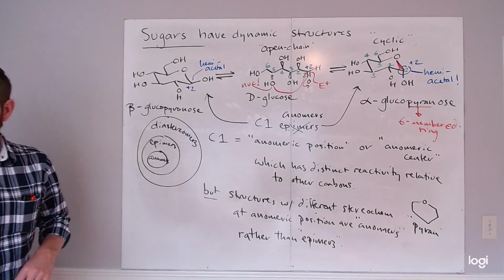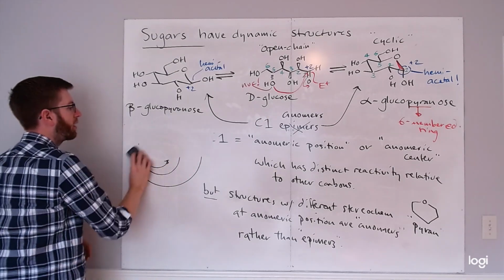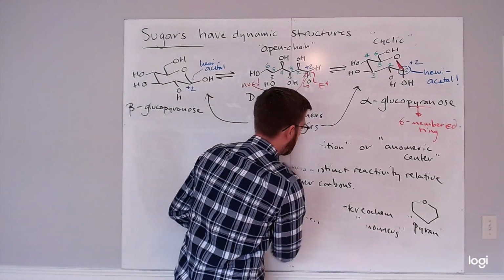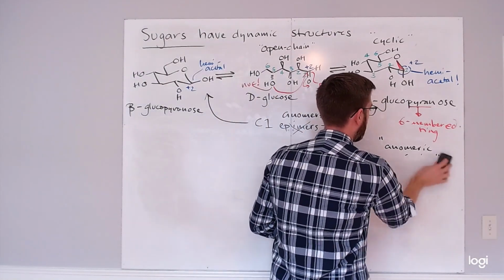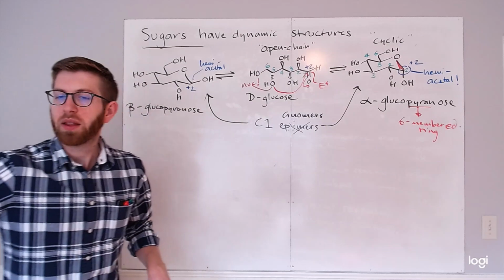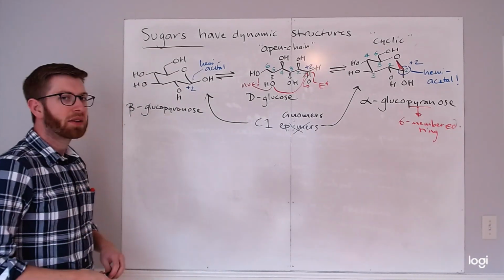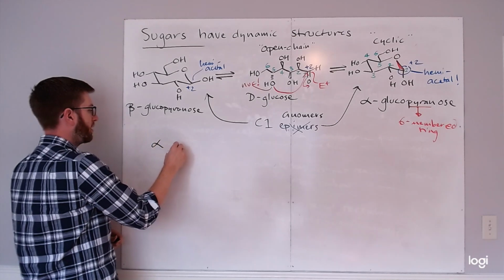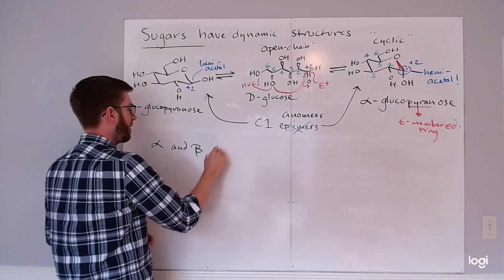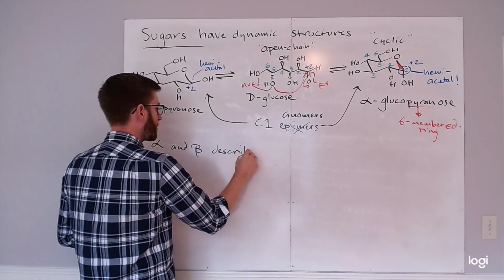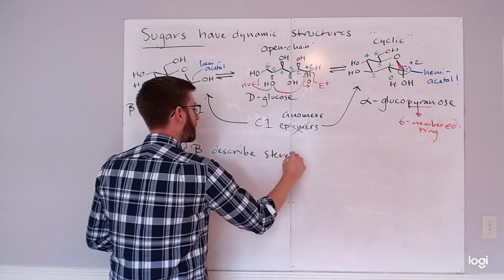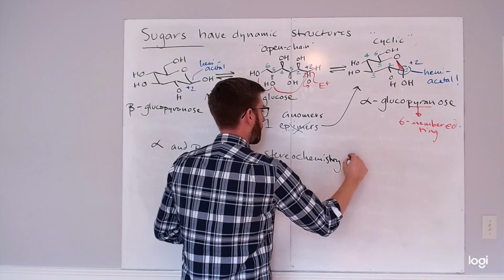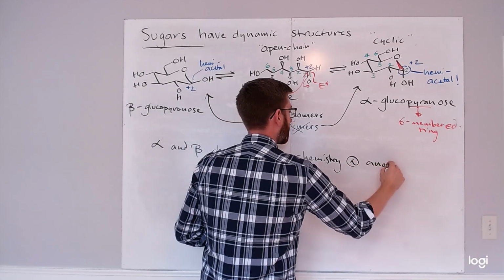So just a word on what alpha and beta really describe. They call out the differences in configuration at the anomeric position. So alpha and beta describe stereochemistry at the anomeric center.